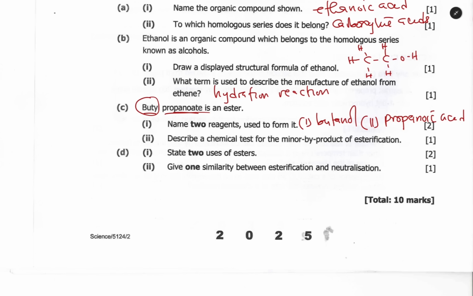Describe the chemical test of the minor product of esterification. So the minor product of esterification is water. So what is the identity test for water? It turns white anhydrous copper sulfate blue.